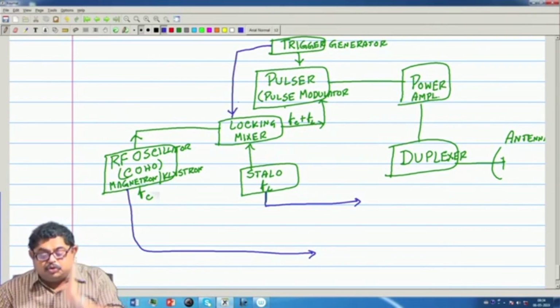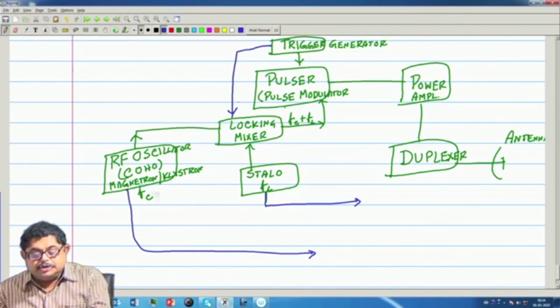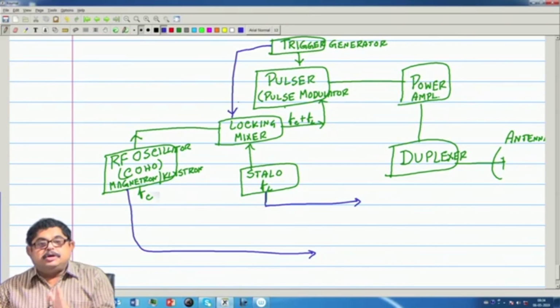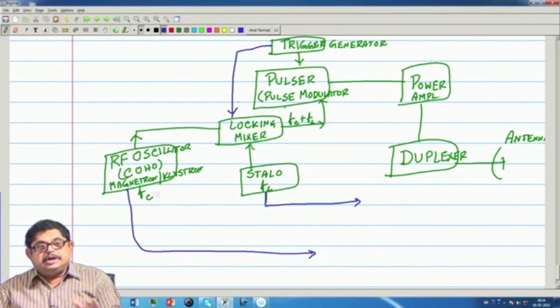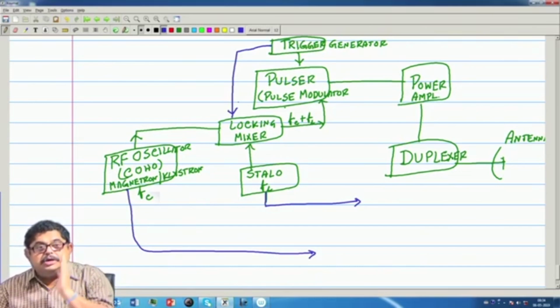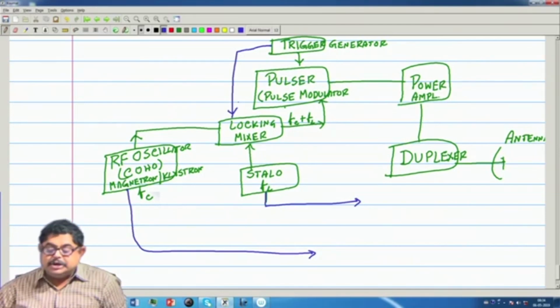So, the locking mixer knows when to lock the phase. Whatever phase the RF oscillator is giving, that phase is brought down to a standard value. Even if the RF oscillator is not so stable in phase, at every pulse on time the phase is brought to a standard value by this locking mixer.